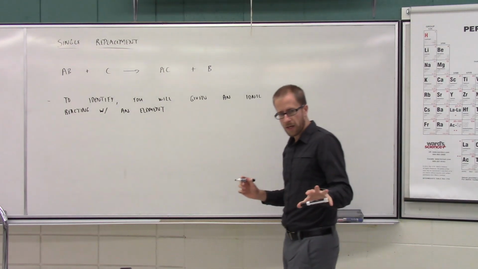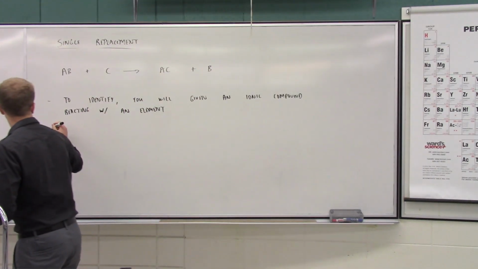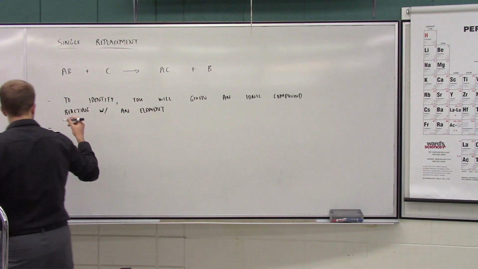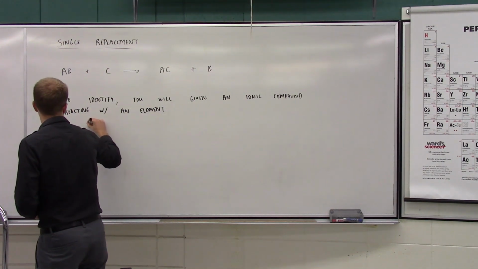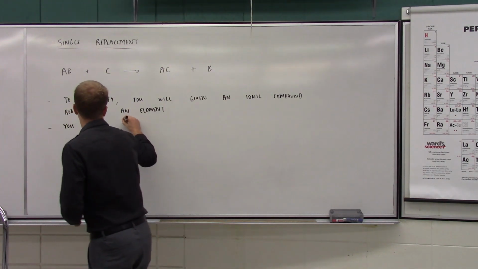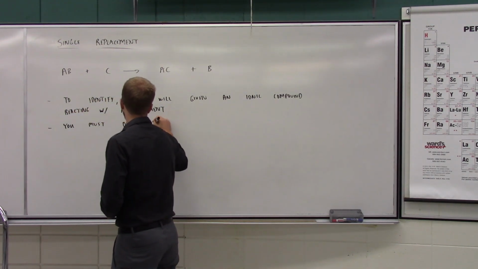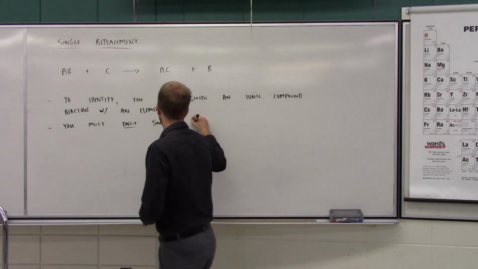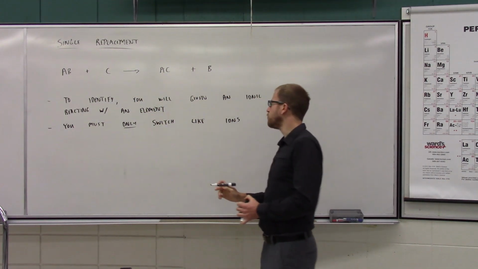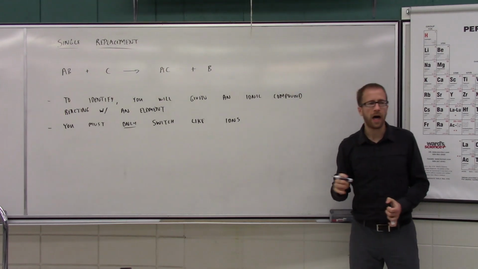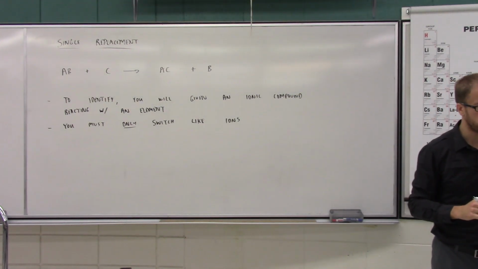Now, remember grade 9 electrostatics, only opposite charges will form a bond. Therefore, you must only switch like ions, right? You should only switch ions of the same charge.